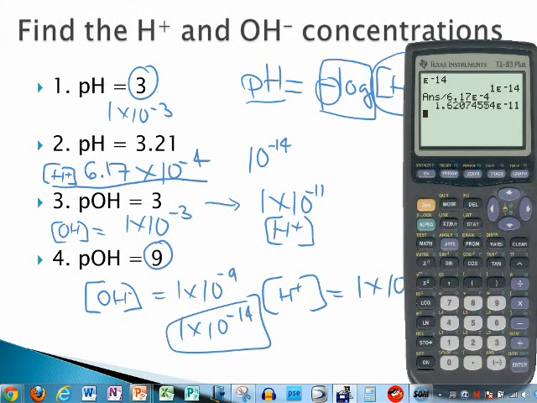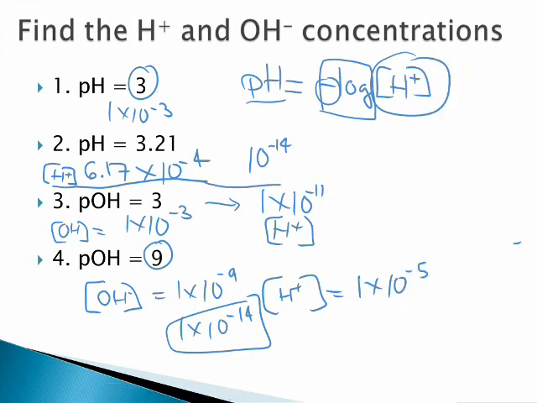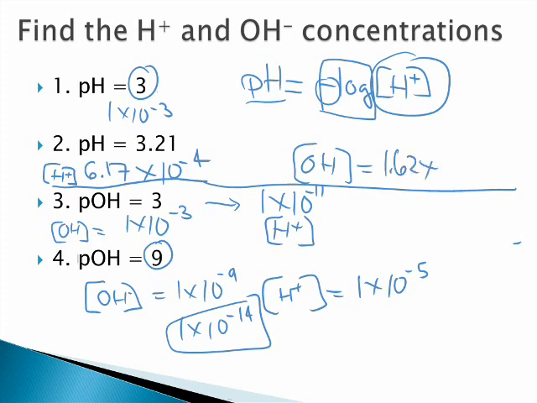We get 1.62 times 10 to the minus 11. The hydroxide ion concentration is 1.62 times 10 to the minus 11 moles per liter. So we have both the hydrogen ion and the hydroxide ion concentration here.